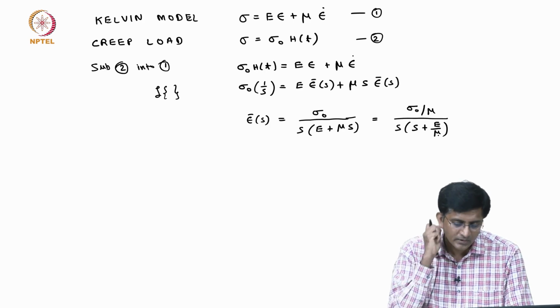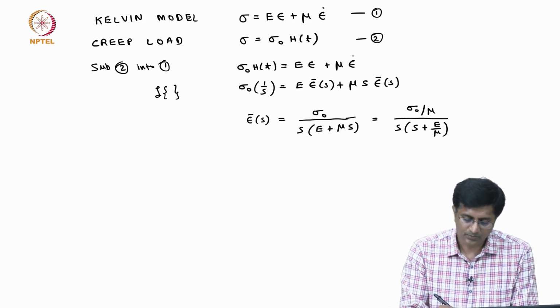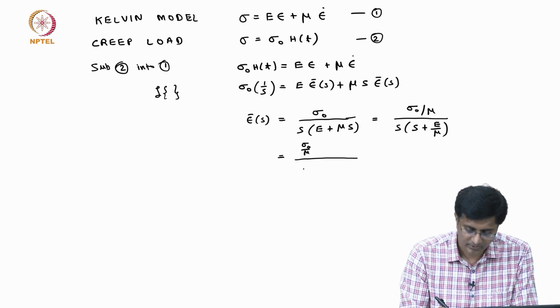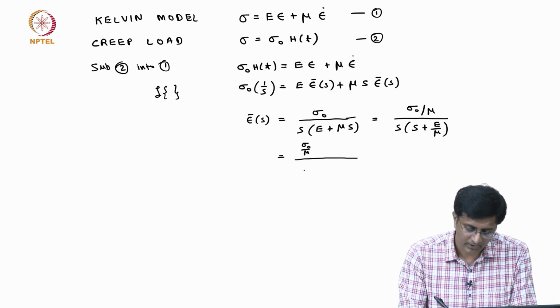But to further simplify this, we have this sigma naught by mu in the numerator, and in the denominator we have this s times s plus E by mu.